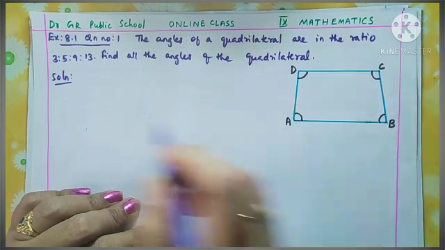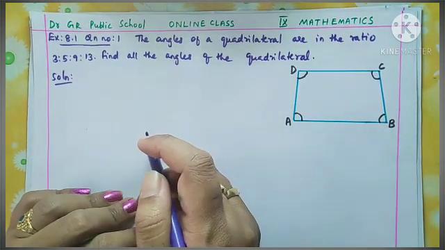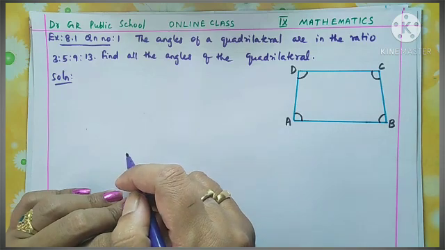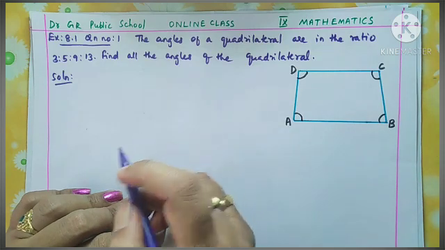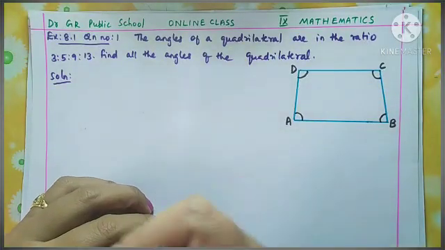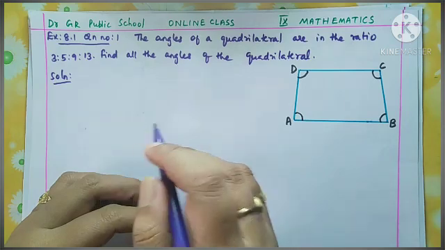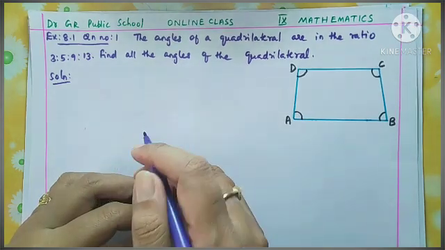Understand? Now, this type of problem you have already discussed in class 8, when you studied parallelograms and the ratio was given. We discussed that type of problem in earlier classes, and likewise we are going to do it here. It is very easy.